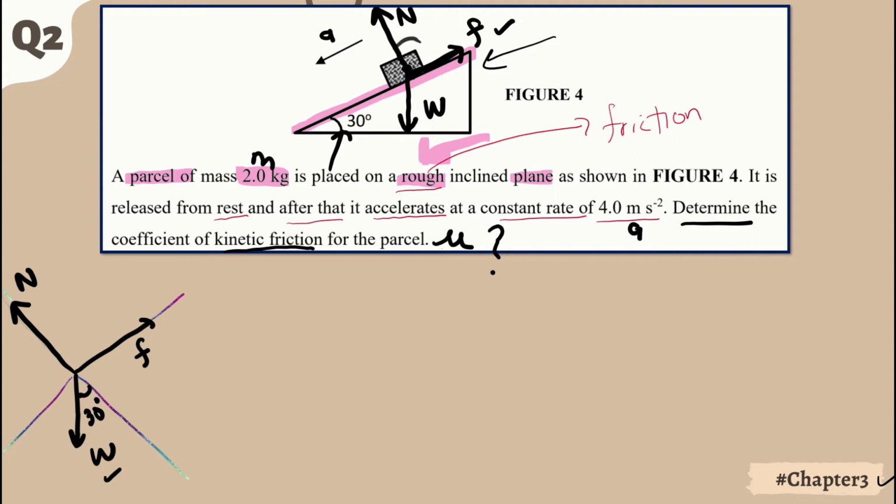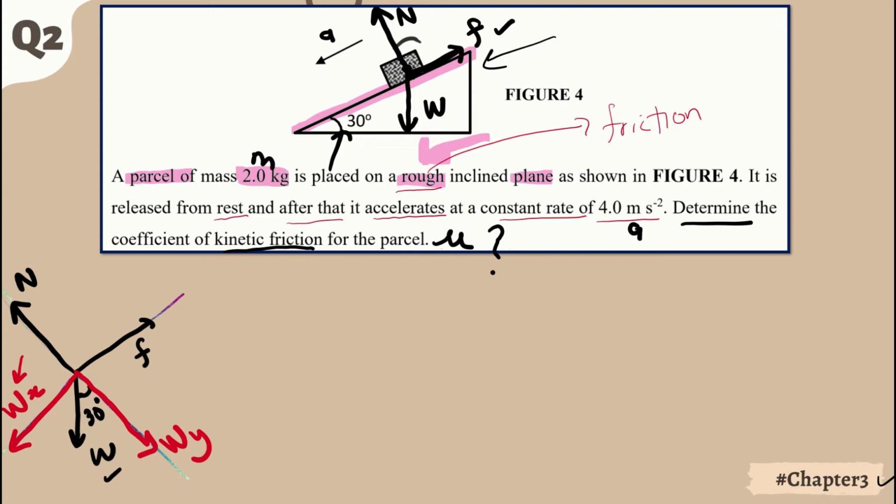When we resolve, we have here Wx and here Wy. The parcel is moving down the plane because of the component Wx.